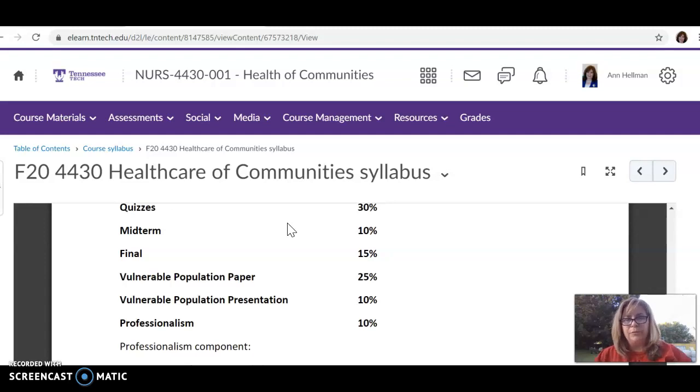The midterm will be from the very beginning this week till the date of the midterm, and the final is comprehensive from the very beginning of the semester to the end. Both the midterm and the final, I always let you know percentage-wise where the quizzes are coming from, what chapters, etc., to help you prepare. I always have students ask me, how is it best to study for this class?